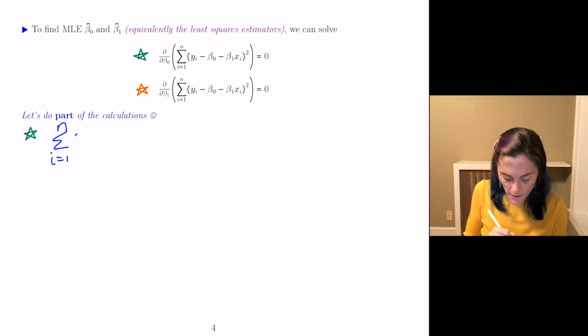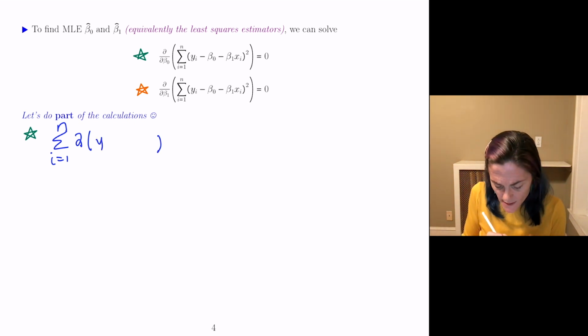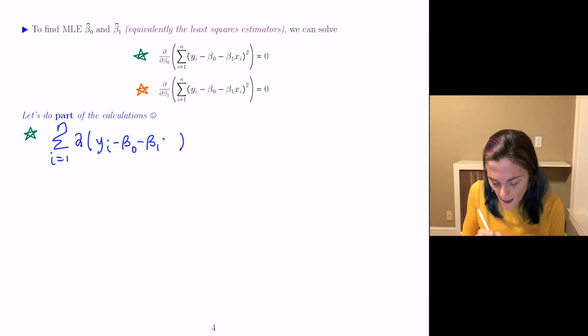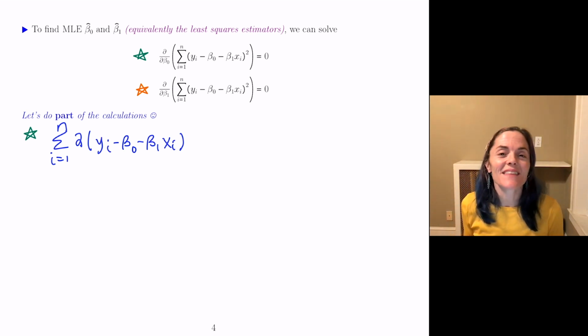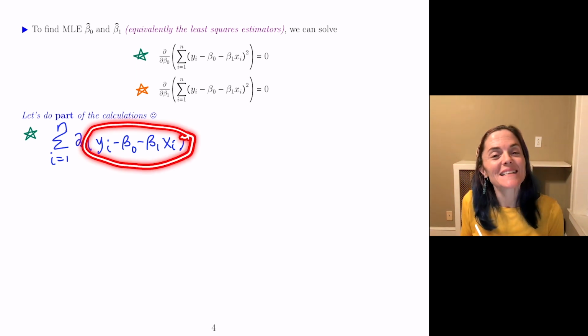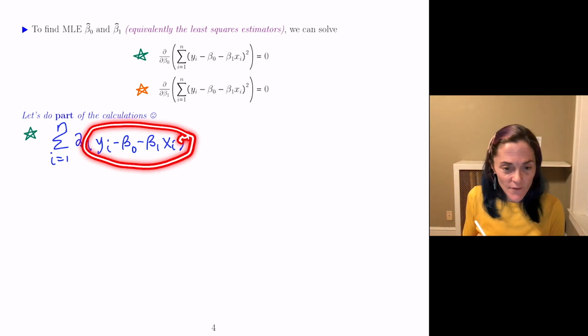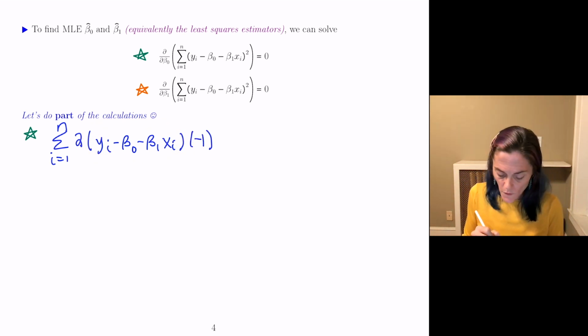We take 2 times the entire inside function, yi minus beta 0 minus beta 1 xi, and then times the derivative of the inside function. The derivative of this with respect to beta 0 is -1. So times -1. We set this equal to 0.